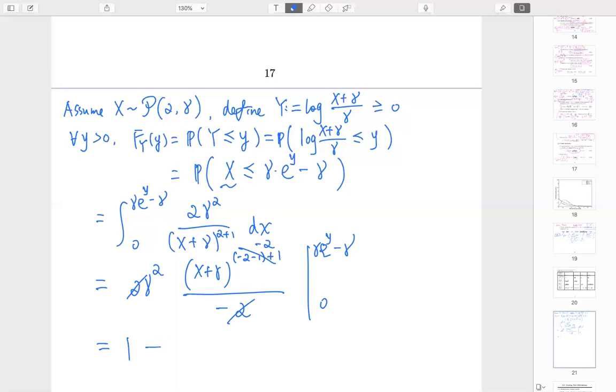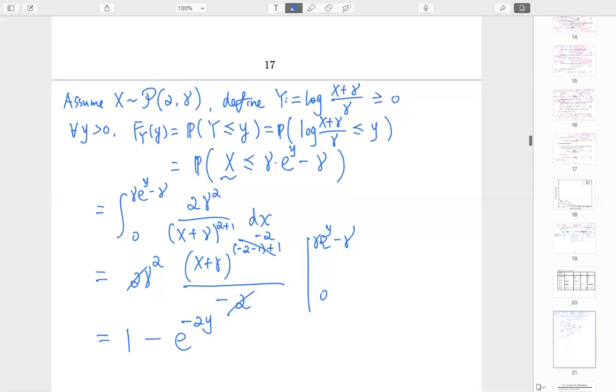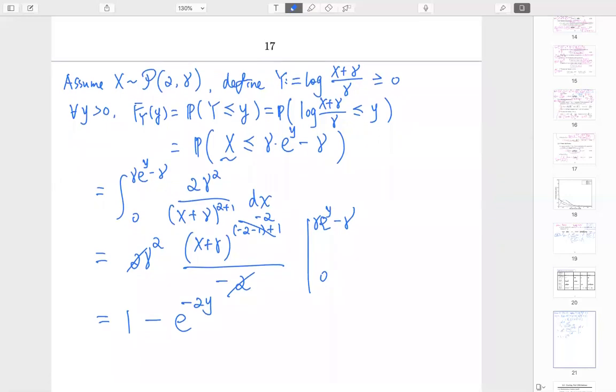The top part, with this gamma, will cancel this gamma, and the exponential will cancel. So it's nothing but e to the negative alpha y, right? So what is this? This is an exponential CDF. If you recall your definition of the exponential, that means Y is exponential with parameter alpha.